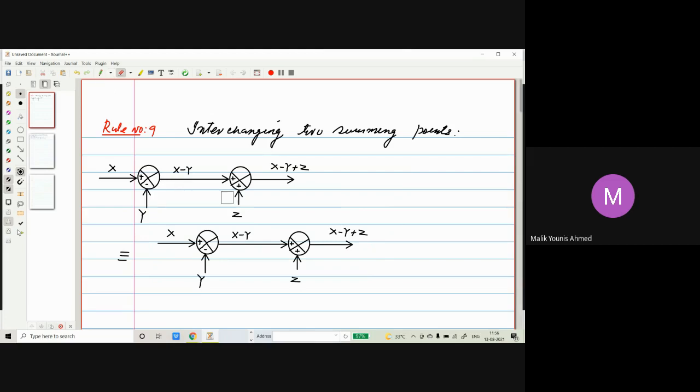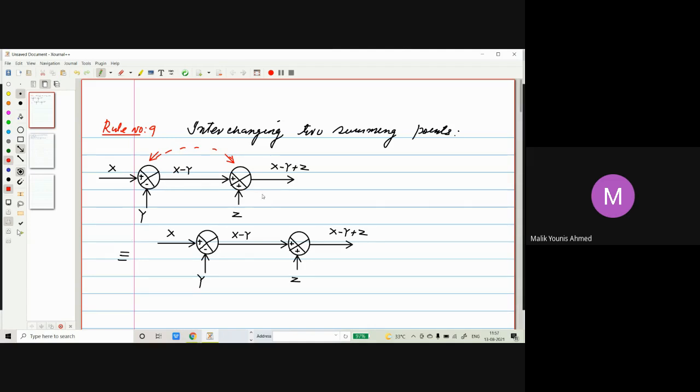See, now this summing point has to come here. What's the objective? The objective is to bring this summing point here, and this we need to bring here. So we have to exchange the places of these two. So let's see how we can do it.